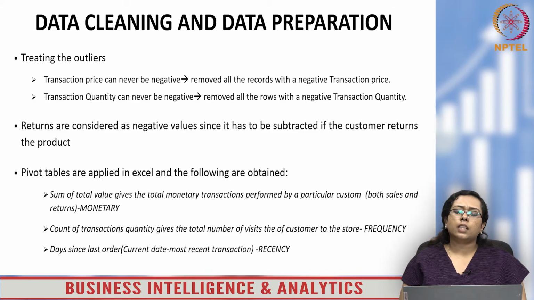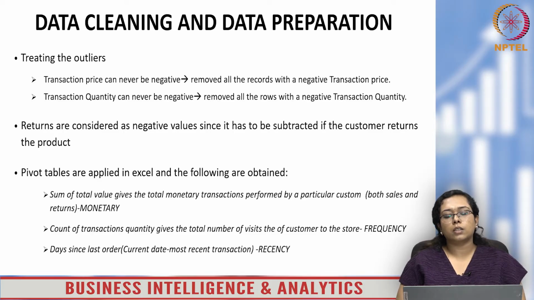If we see the transaction type, there is also a column. I will show you the raw data. We have a column called the transaction type, in which there are two types. One is sale and one is return. If you are buying anything from, say, Flipkart or Amazon, once you purchase something, it comes under the sales data.